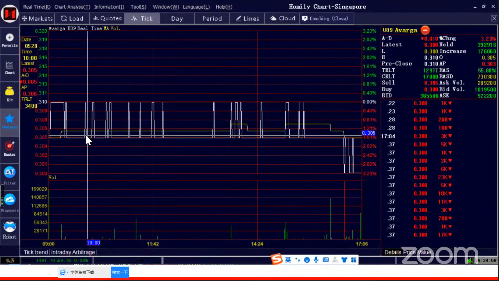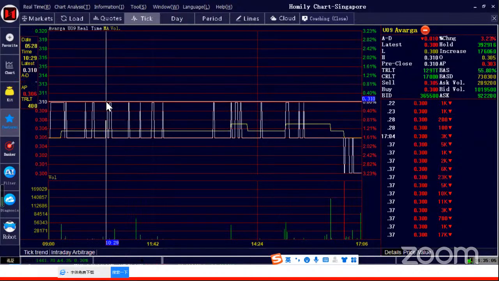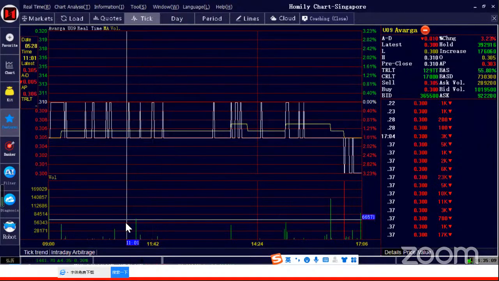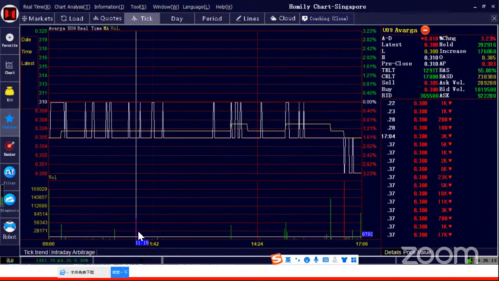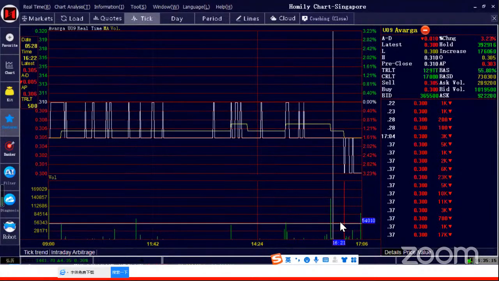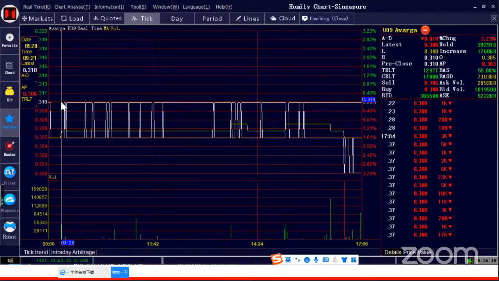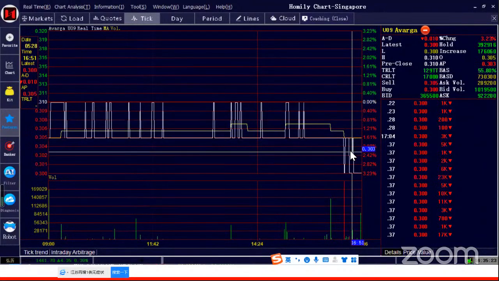If the stock is not active, it looks like volume, but this is price. The volume is here, the volume is green or red. This is the tick price, moving up and down.